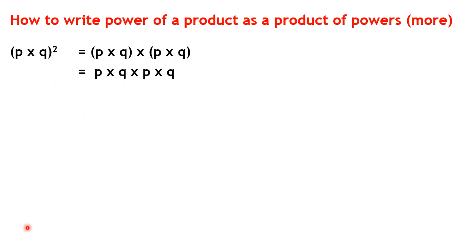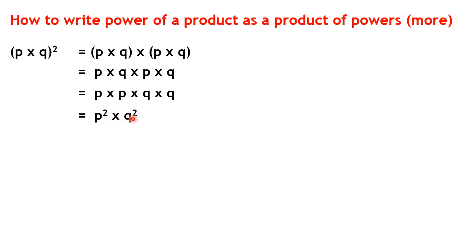Thereafter, let's write the same expression by removing the bracket. After that, write the same bases nearby, P, thereafter Q. Then let's write it in the power form, P squared into Q squared.